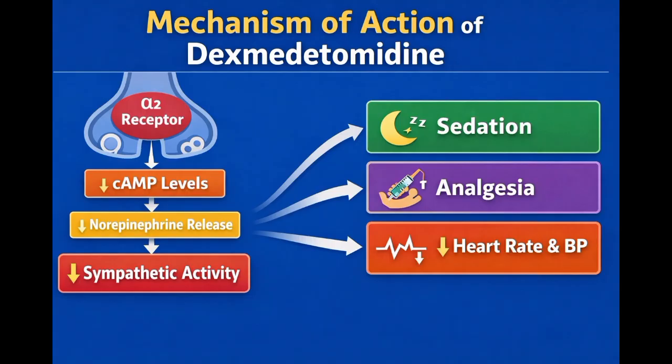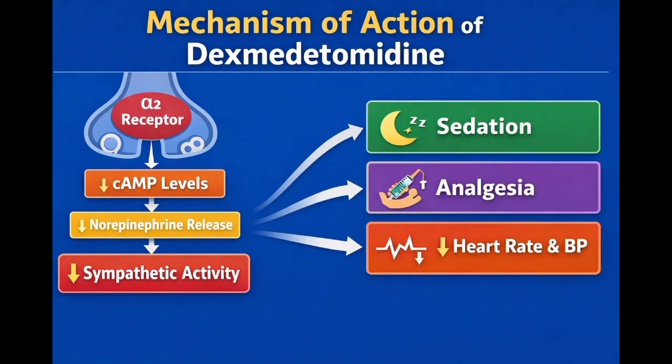This means that we know well that cAMP normally facilitates calcium influx into the presynaptic cell, and this facilitates neurotransmitter release. Now, when we have reduced cAMP due to reduced adenyl cyclase, which was due to the activity of dexmedetomidine, it means we have reduced norepinephrine release.